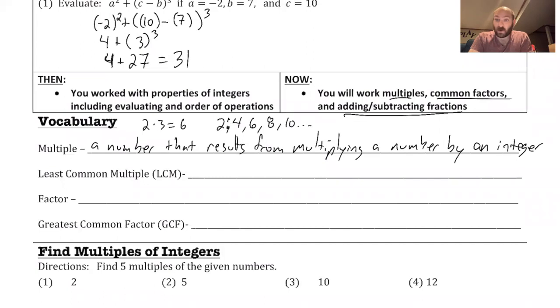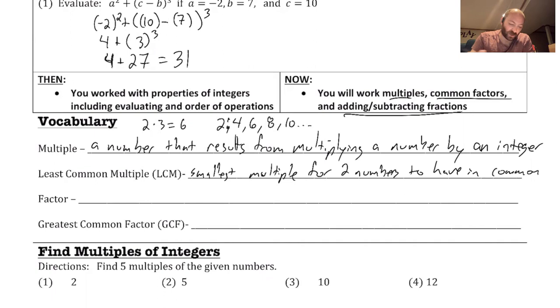A least common multiple is the smallest multiple for two numbers to have in common. I know I kind of use a lot of the terms that are in there to define this. Not the best practice, but to help demonstrate that, let's say 4 and 5.